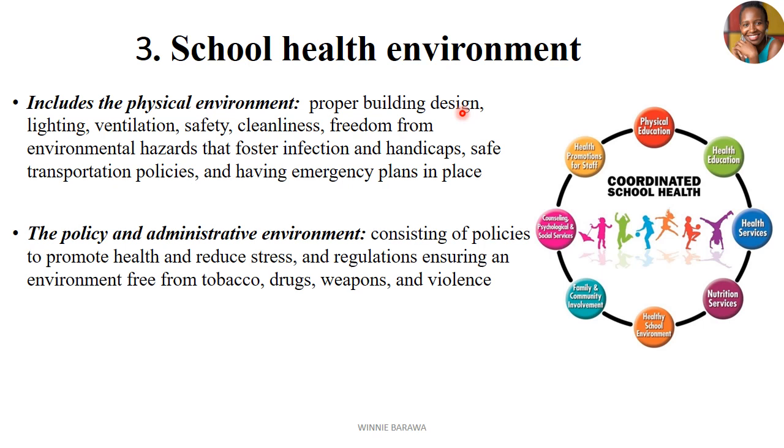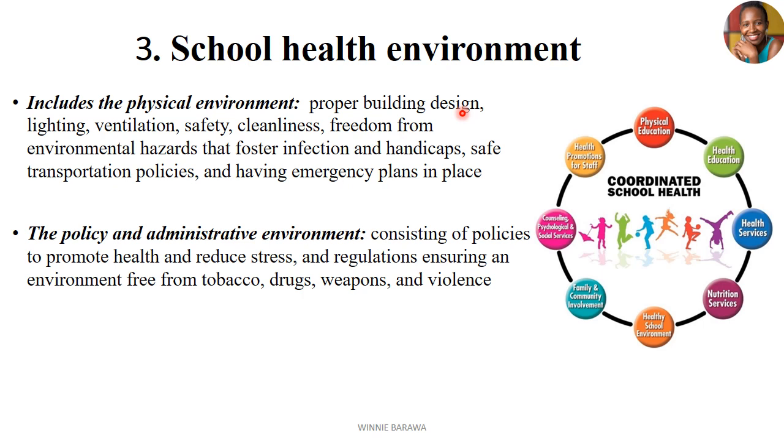But the second environment looks at policies and administration. This environment entails policies that are supposed to ensure there is proper health and reduction in stress. We want to look at policies and regulations that ensure the environment is free from drug abuse and weapons.